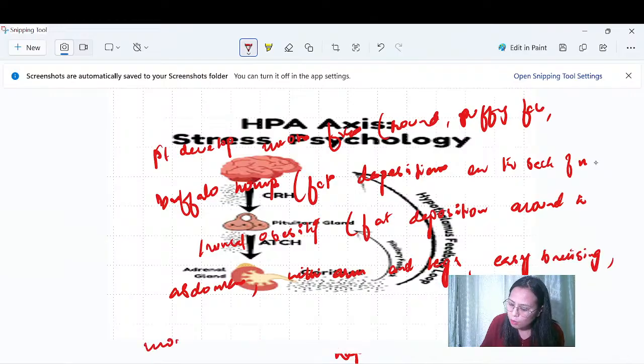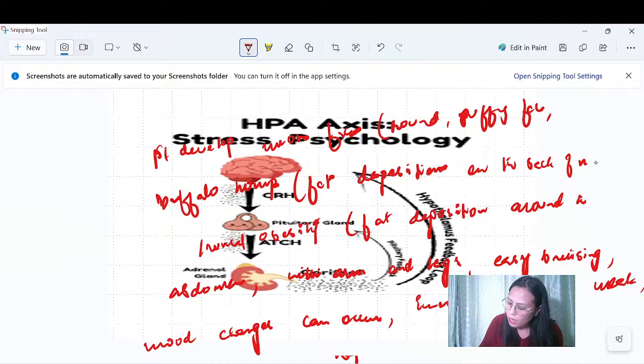Then mood changes can occur. Immunity becomes weak, and there is muscle weakness, especially of the proximal muscles. These changes occur because cortisol affects protein, fat, carbohydrate, and metabolism.